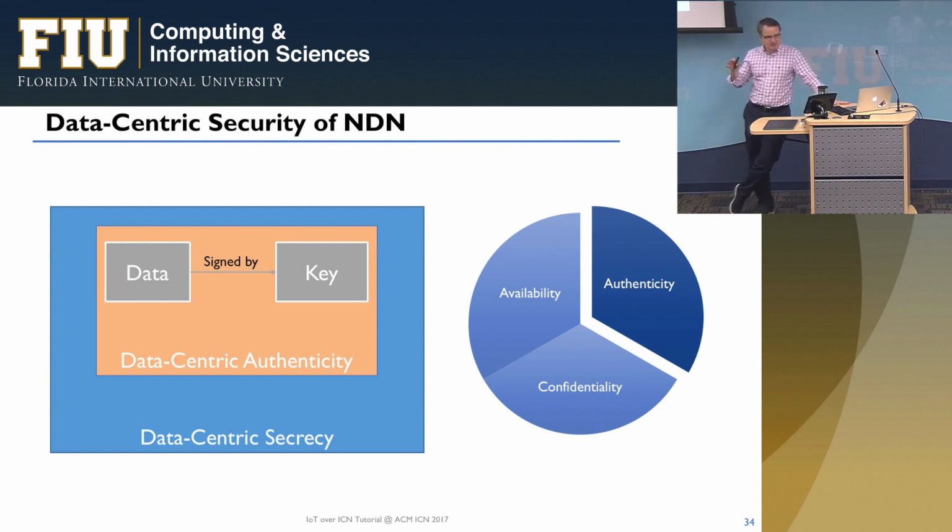So with NDN, there are interesting questions about privacy and how to define it. First of all, there is no source address when you're requesting some data. When you send a request, there is no source address.